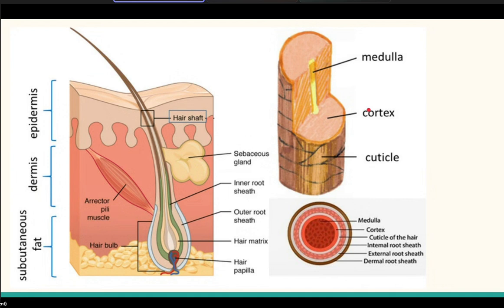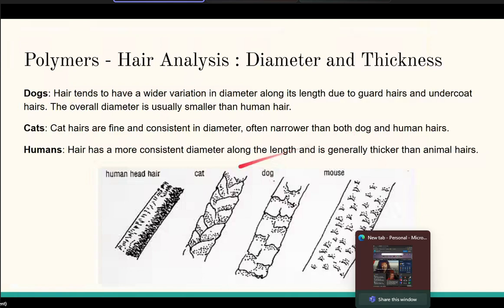I don't know why there's a mouse hair here. You don't need to know mouse hairs. But the human hair, as you can see, the pattern is imbricate, and the scales are random. Dog is a little bit more random, while cats actually have a crown-like pattern going down.